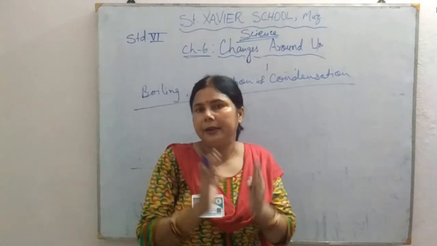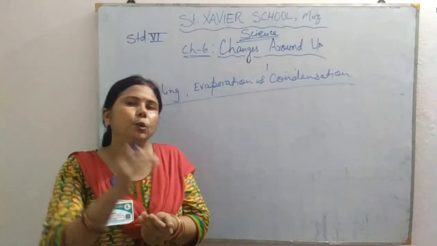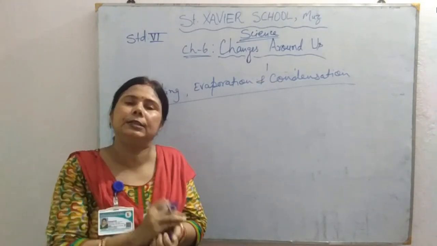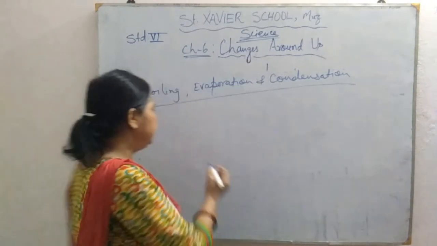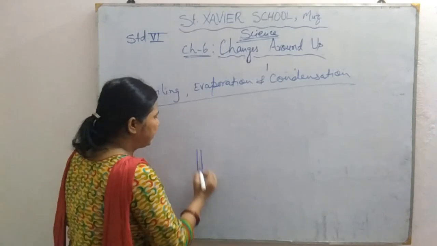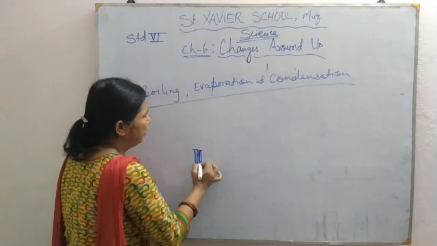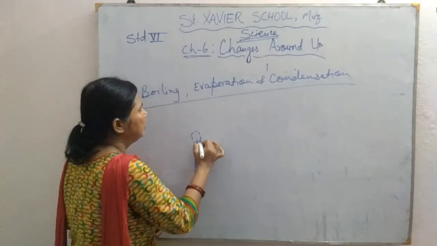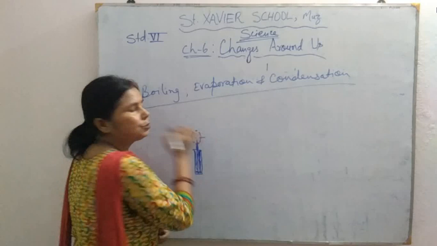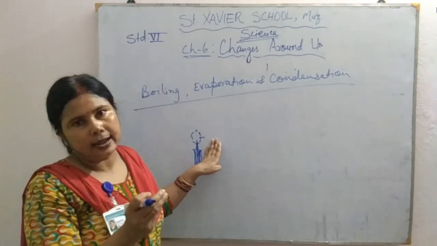Now let's see burning of a candle. In burning of a candle, both chemical and physical changes occur. Let's see how it happens. This is a candle. And this is the wick and it burns. When it is burned, it gives flame, and it gives heat and light energy.